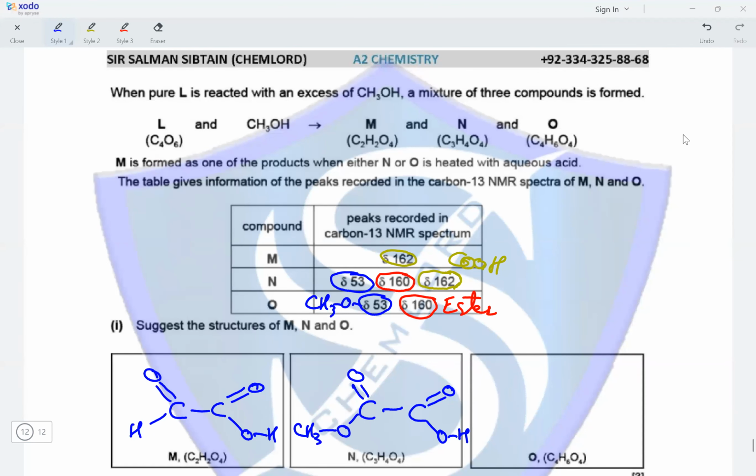In the structure of O, we've got two carbon atoms attached to each other, and it only has the ester group and not the carboxyl group. So both these carbon atoms form esters, and both are attached to a CH3 group through the oxygen, because we've got a peak for CH3 next to O as well. So this way we've identified M, N, and O.